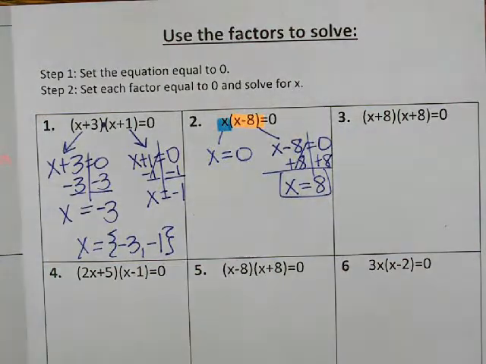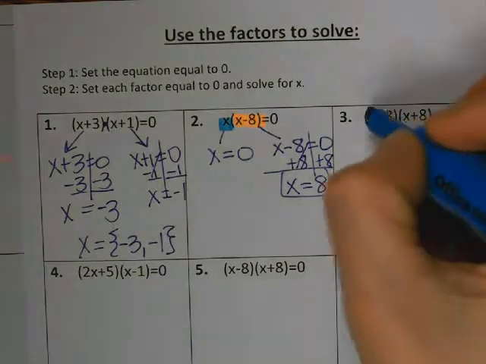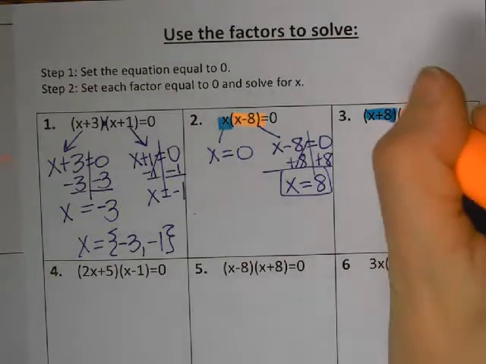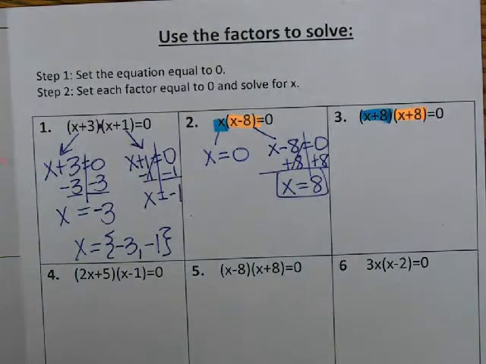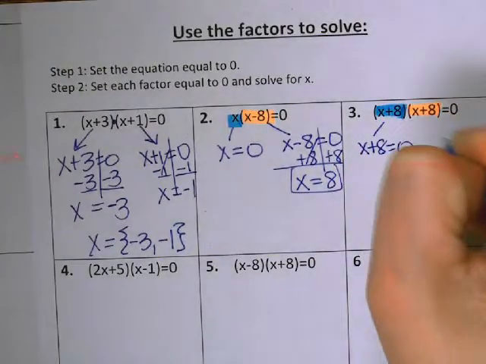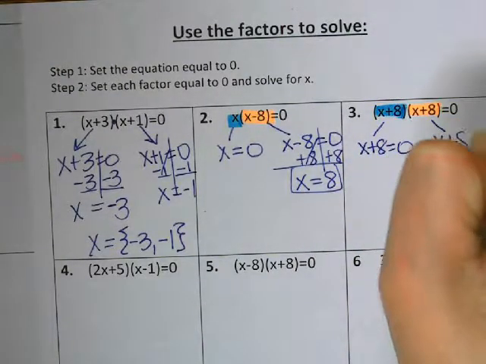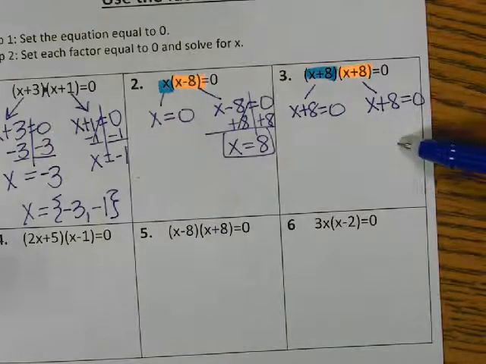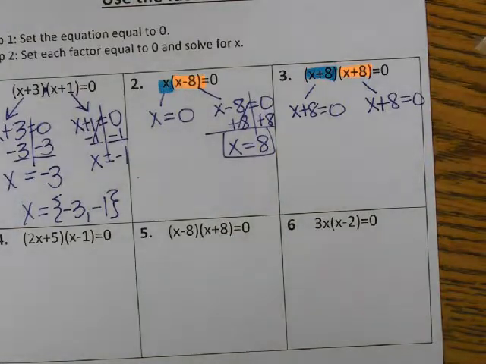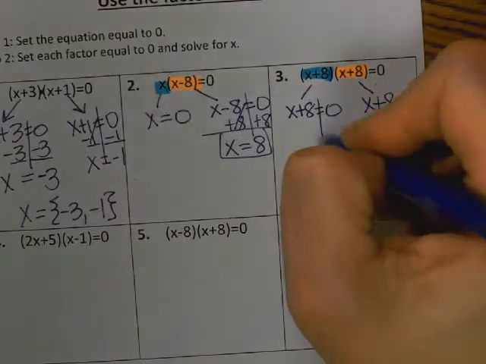Okay? On the third one, we have this first factor, x plus 8, and this second factor, x plus 8. So we're going to solve both of them. X plus 8 equals 0, and this one, x plus 8 equals 0. Well, aren't these both the exact same problem? Yes. So since they're both the exact same problem, I'm only going to need to solve one of them.